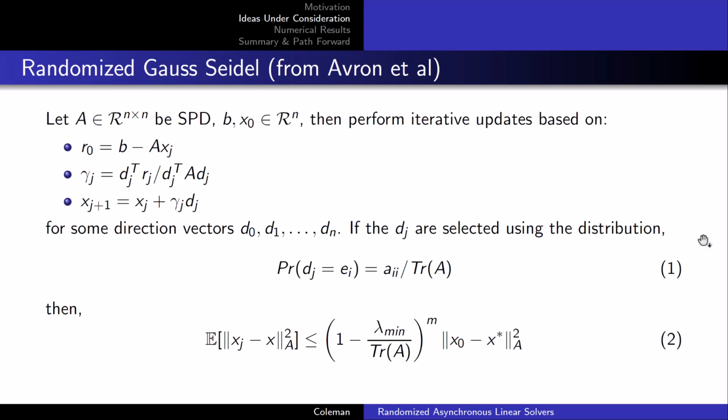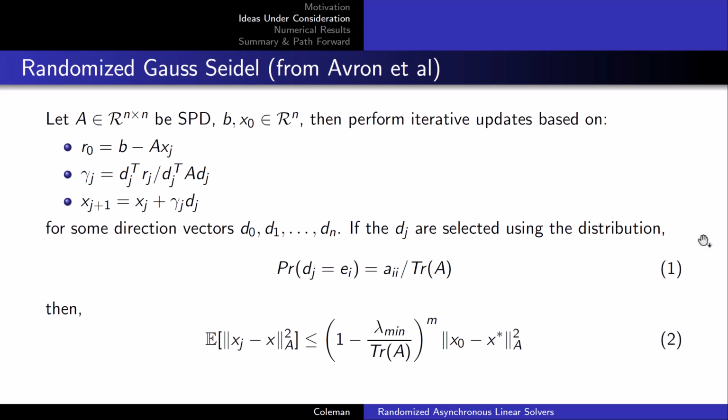So we're taking a large real matrix, letting it be symmetric and positive definite. So in some sense, it's just a nice matrix. It describes a nice problem. Then we're going to make updates based on finding a residual. So how far away is our current guess?